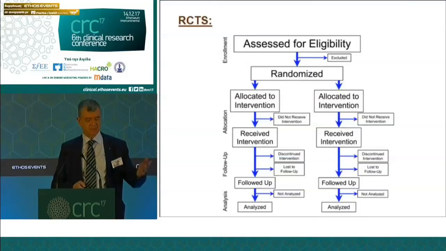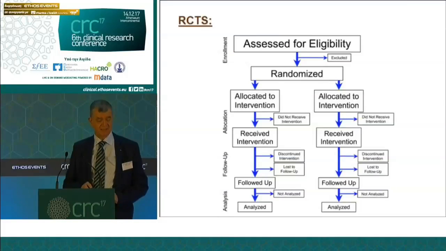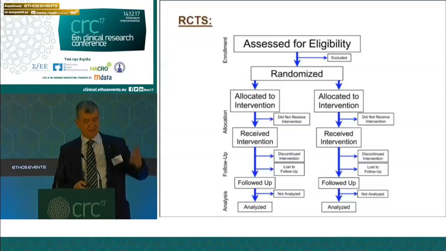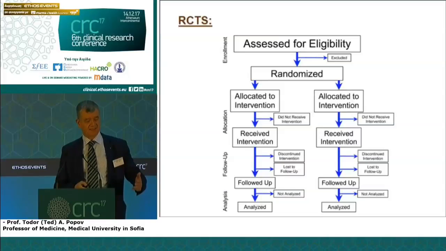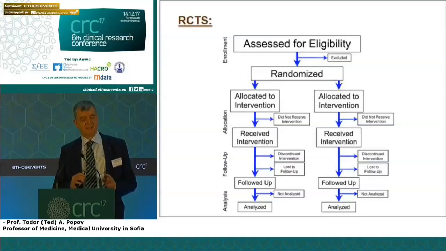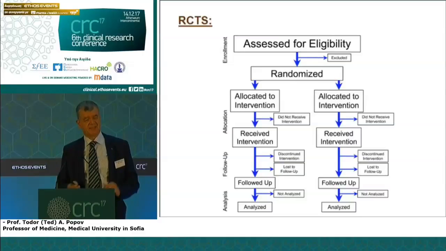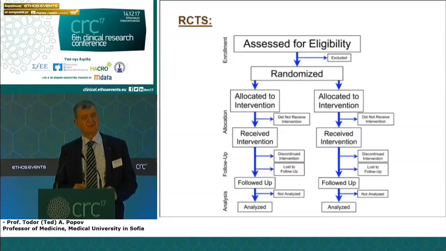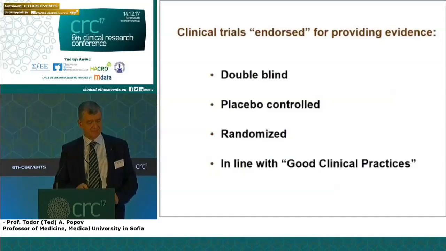So basically what we have with randomized clinical trials is a clinical design that has to be well recorded. You have per protocol analysis at the end of the study, and you have dropout of patients during the clinical study that somehow introduce some bias in terms of the overall end conclusions of the trial.